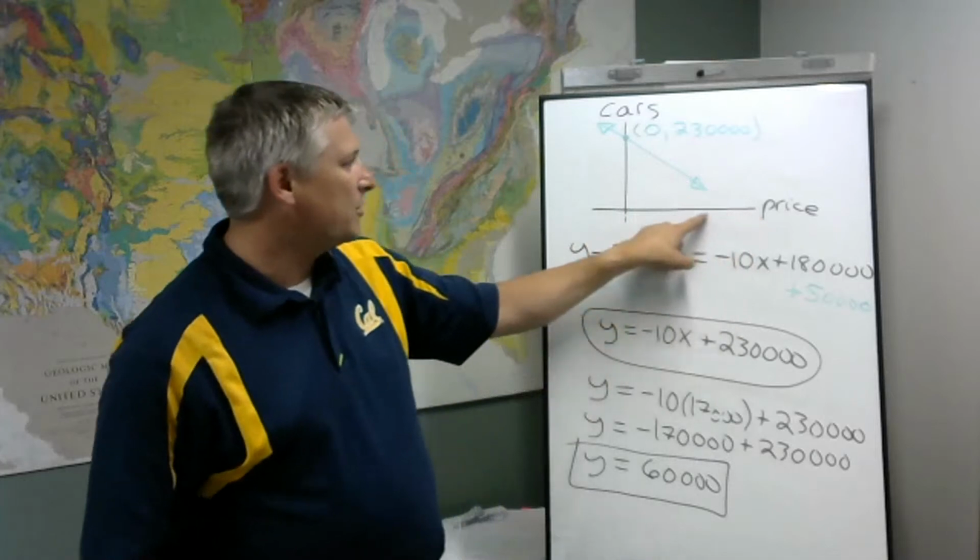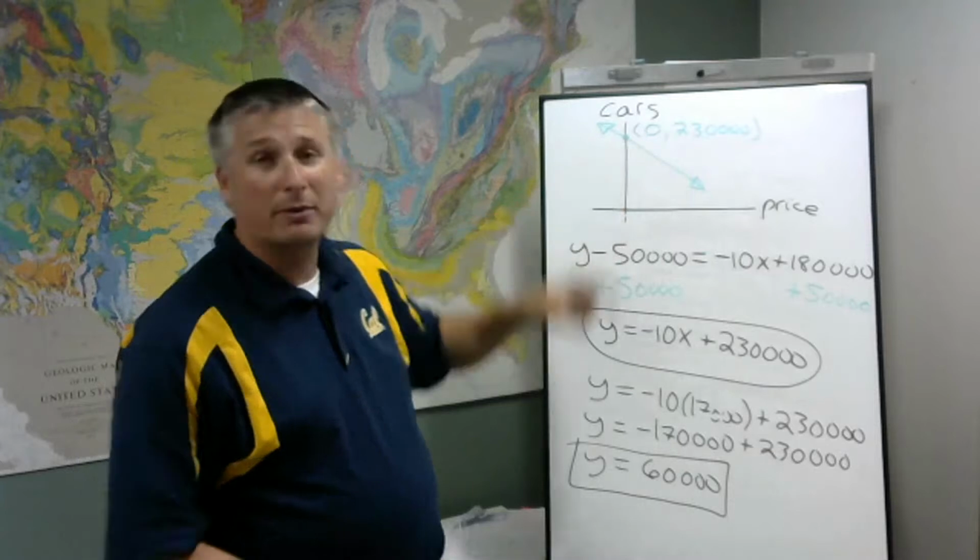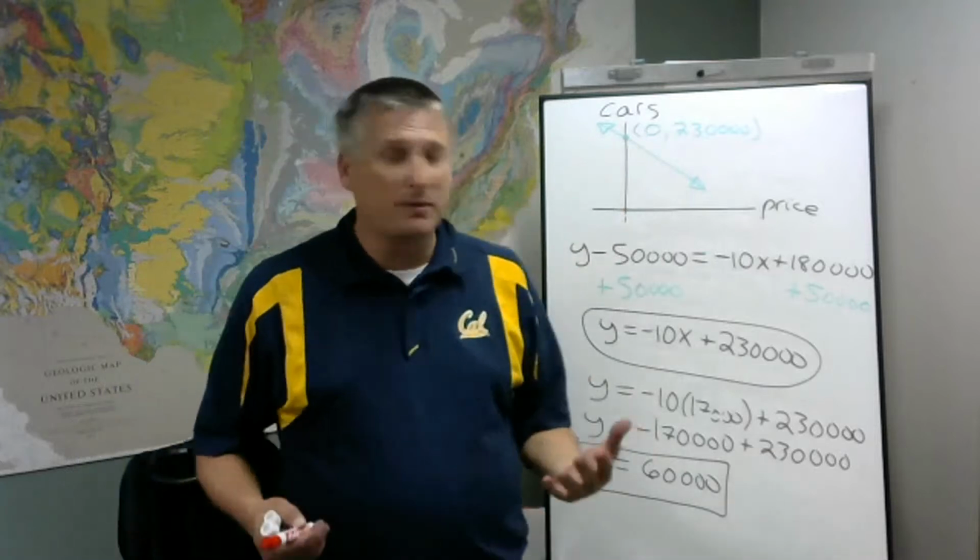But as the price goes backwards, it gets smaller and smaller, and the number of cars is going to increase. And so that's what we've seen.